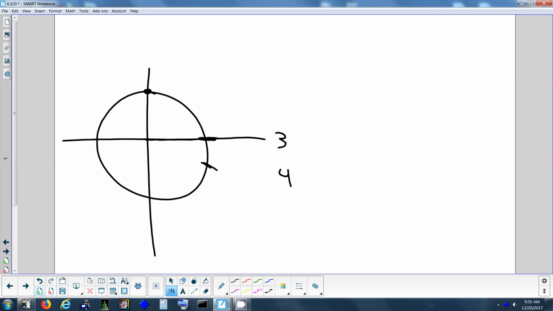At 3:15, the minute hand is right there, but the hour hand is already a quarter of the way past. So it's actually kind of an interesting question. It's a little harder than you think at first. Some people might say, oh, well, what about 1:05? No, because at 1:05, the minute hand is at the 5, but the hour hand isn't on the 1 anymore. It's a little bit past the 1.